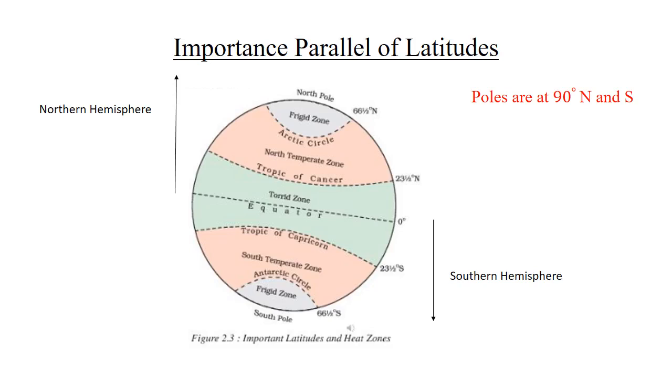Now as we look below the Tropic of Capricorn, we can see the Antarctic Circle. The Antarctic Circle is an imaginary line which lies at 66.5 degrees south. In the last, we can see the South Pole, which is at 90 degrees south.